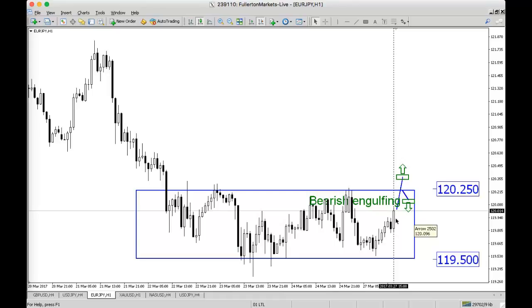There are too many candlestick patterns around, so just use whatever you are comfortable with. It just happened that bearish engulfing is what I'm comfortable with. So that will be the second option for me to enter to go short.